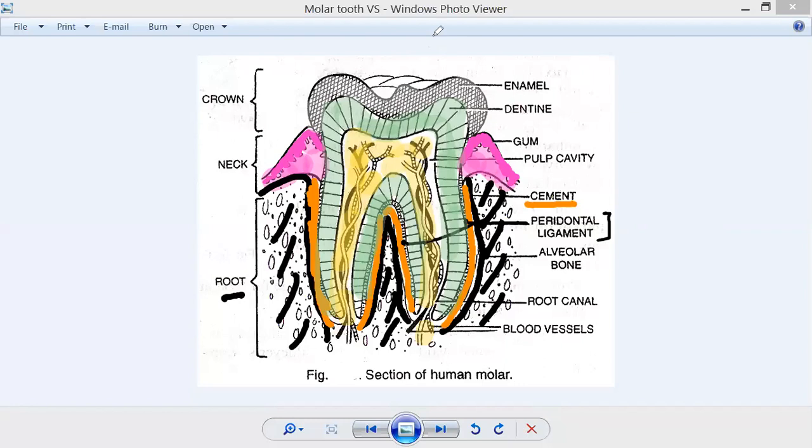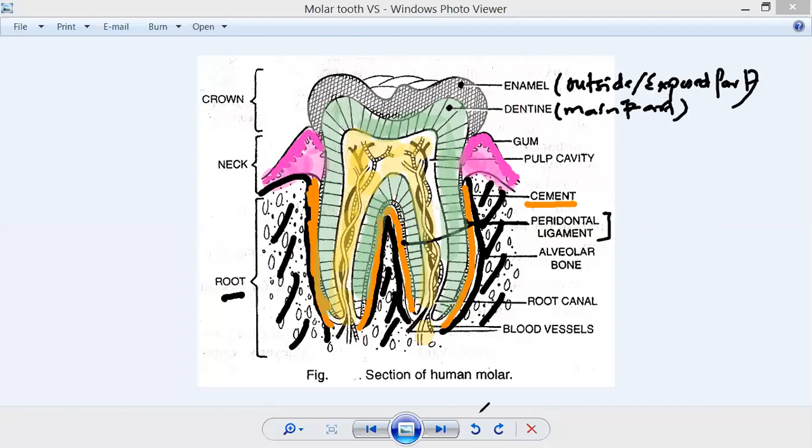Okay. So now, this is your enamel, and this is the dentine. Enamel you only find outside, the exposed part. Agree? And dentine is the main part of the tooth, found throughout.